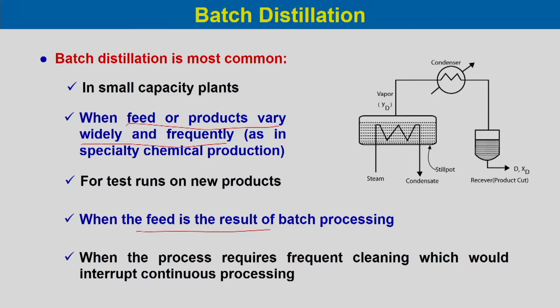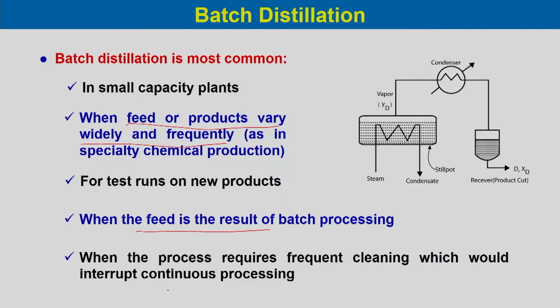In that case, using a continuous process may not be a feasible option. We would need to interrupt the continuous operation and then clean it, and there would be a shutdown for a longer period, so it would be very difficult to run the continuous process. In that case it is better to use the batch distillation process.